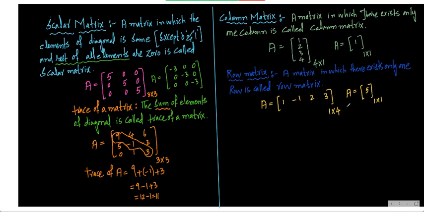Row and column matrix. And for the zero or null matrix, I am not giving a definition here. A matrix in which every element is 0 is called a zero or null matrix. For that matrix, I am not giving any simplification, and you can denote it with 0 also.